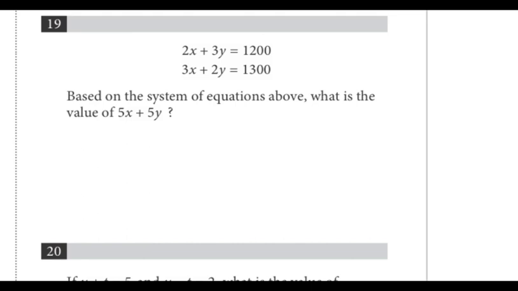Well, we could solve for x and y in this equation, and it would take a couple minutes, and you could use elimination or substitution or whatever you wanted to use, but you can also just notice if you added the left sides together, 2x plus 3x is 5x, and 3y plus 2y is 5y, and if we add those together, we get 2500. So 5x plus 5y equals 2500.